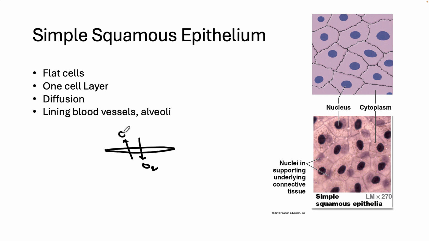You're going to find them in places where diffusion is important, like in and out of the blood vessels, in and out of the alveoli in the lungs. And this is looking at them from the top. You can see here's a flat cell right there. You can actually see the nuclei from the connective tissue cells underneath. These are so flat, they're almost see-through.